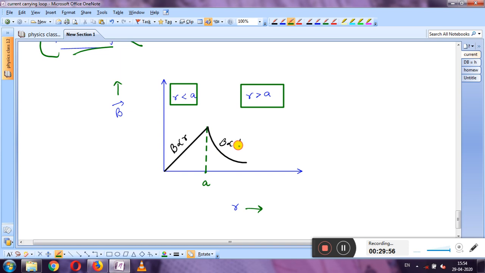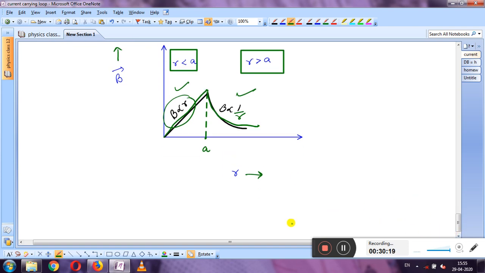For r greater than a we have B inversely proportional to r, and for r less than a we have the relationship of direct proportionality. That's why you can see the graph first increasing and then it starts decreasing. We have a curve here. So this was the relationship between B and r for a wire. That was an important question for your board exams as well.